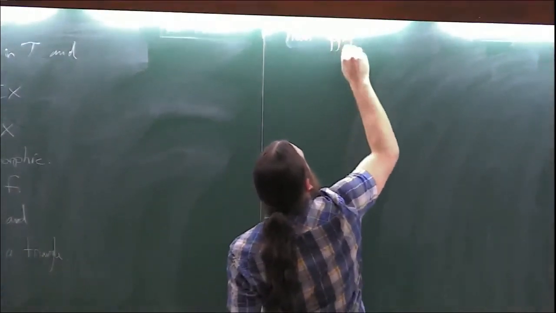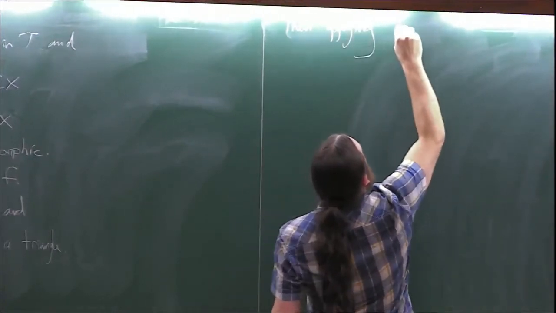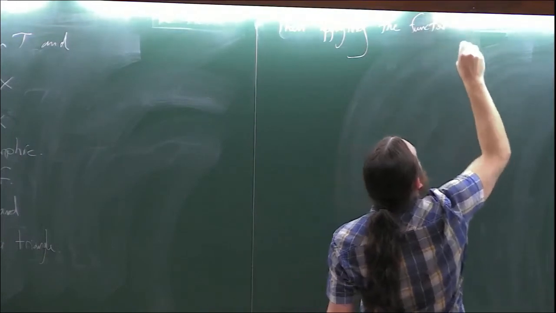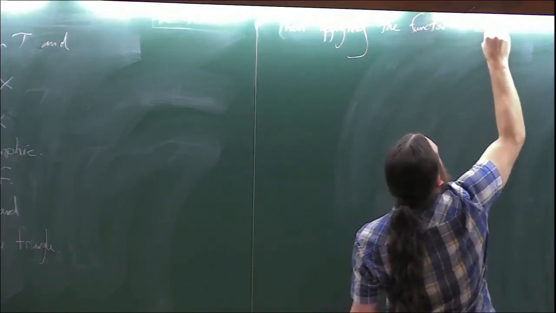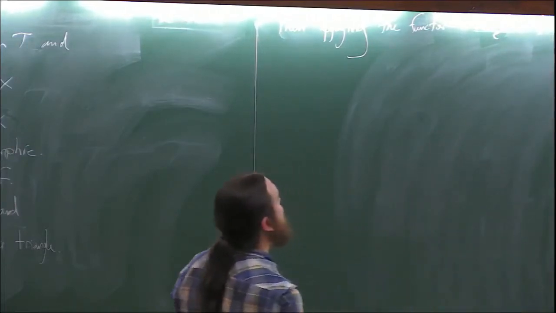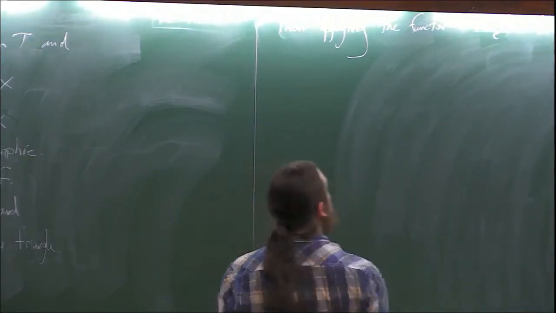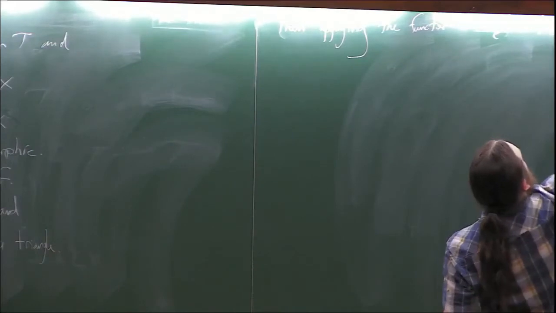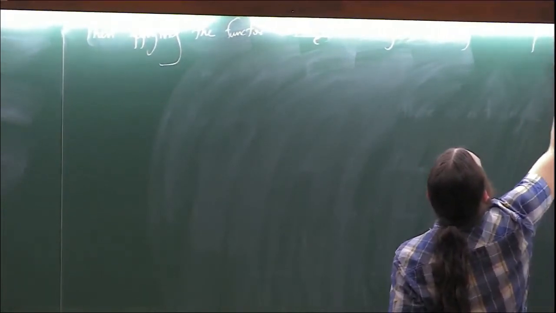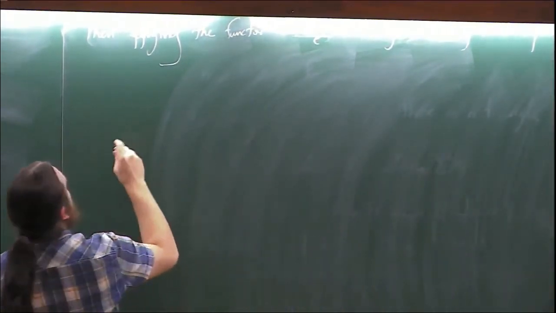If you apply the covariant functor given by Hom W blank to this triangle, you get a long exact sequence of the form.